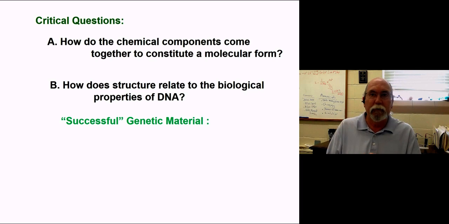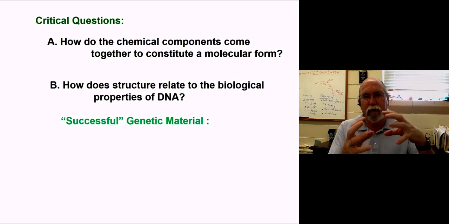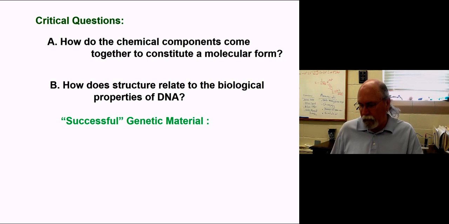If we were to go to another planet somewhere in the future and find out maybe it's a sulfur-based unit instead of a carbon-based genome, well, still, what's going to have to be there to make it work? So some of the things had to be answered. One of the questions is we have to know how to put it together. The second question is, now that you've got it together, how does it actually work as a biological agent?